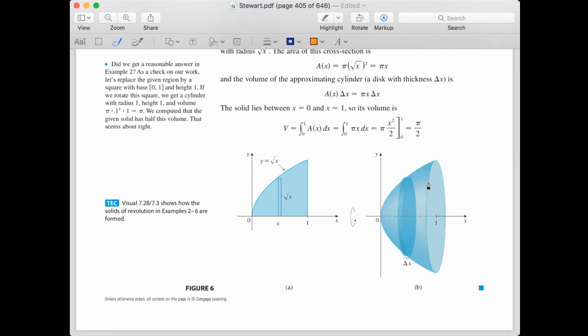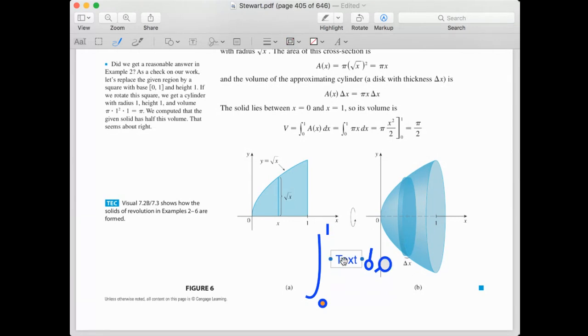Well, let's think about what's the area of each circle. We can set up an integration from 0 up to 1, cutting along the x-axis. Then the integrand is the area of those circles.